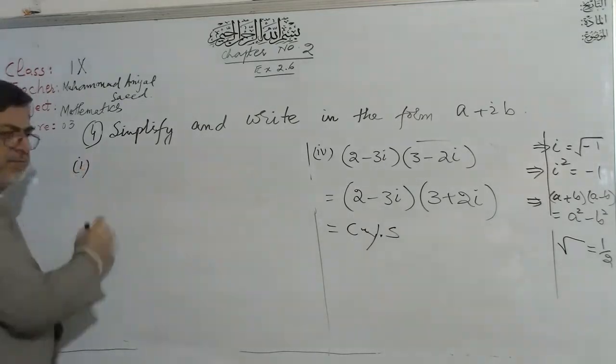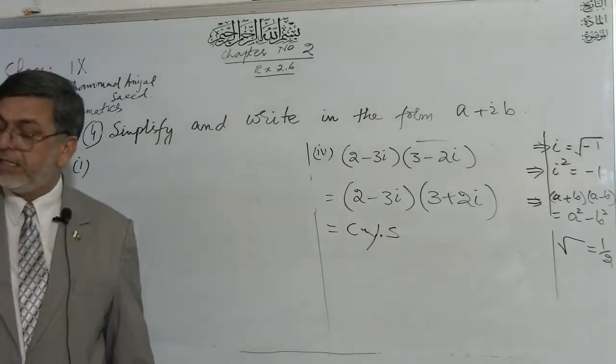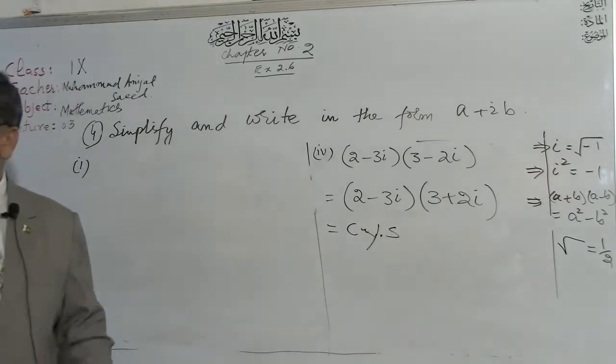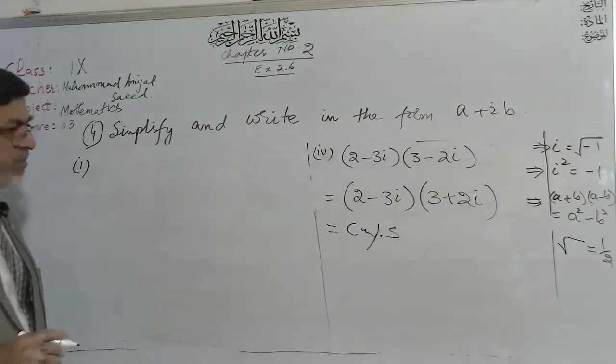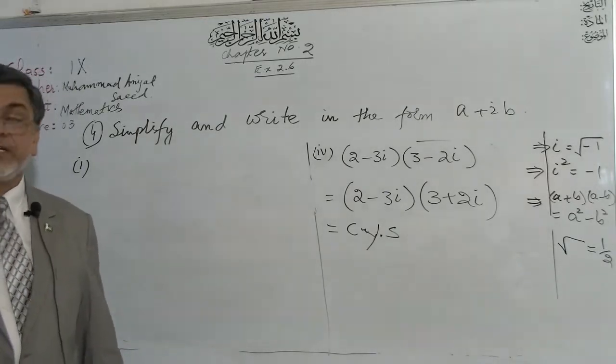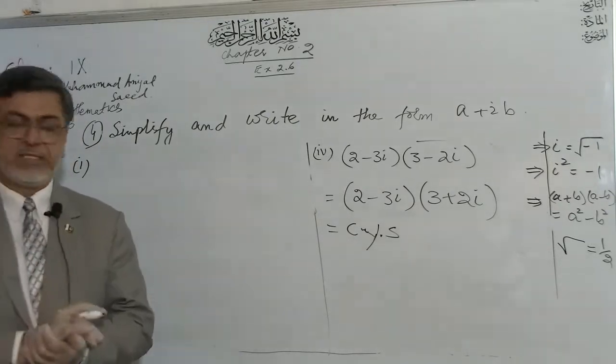We have part number 1, 2 and 3. They are similar. We can solve part number 3 of this question number 4. I hope that when I solve this part number 3, you can solve part number 1 and 2 by taking the help from this part.